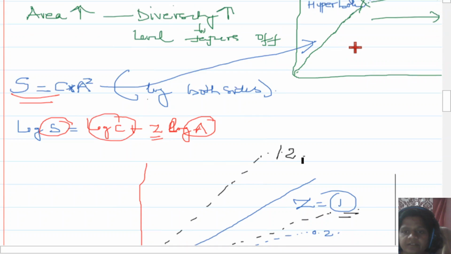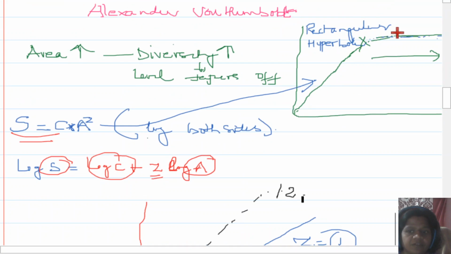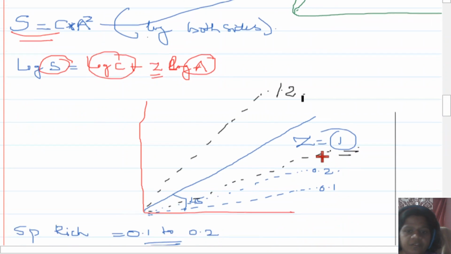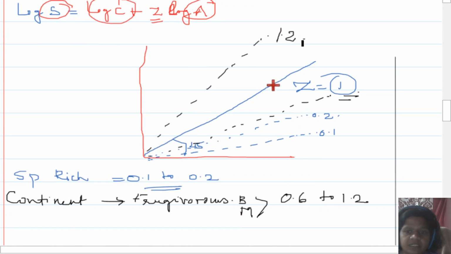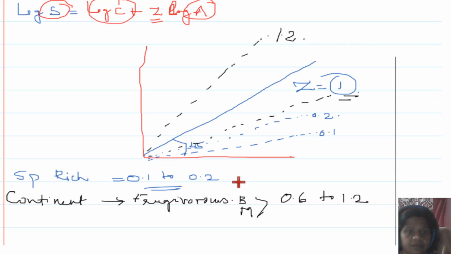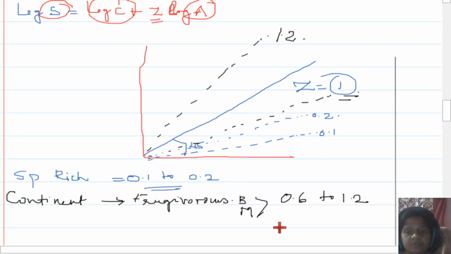The graph that you get when you start off counting the species within an area is a rectangular hyperbola. But if you take a log on both sides, you'll get a straight line. Usually the Z value is between 0.1 to 0.2 for smaller areas. But if you take a continent, then your diversity is definitely high, right? So that would come around 0.6 to 1.2. Okay.